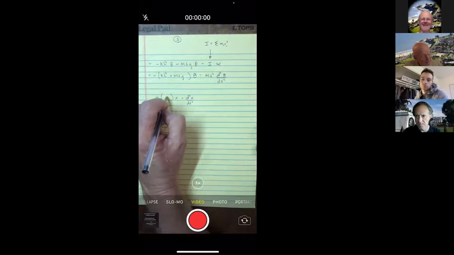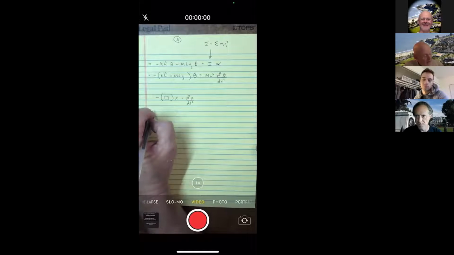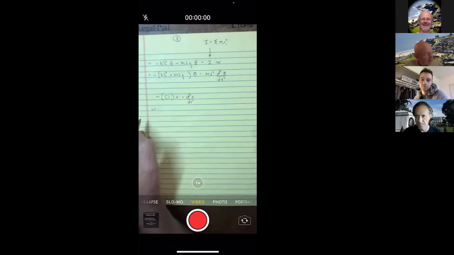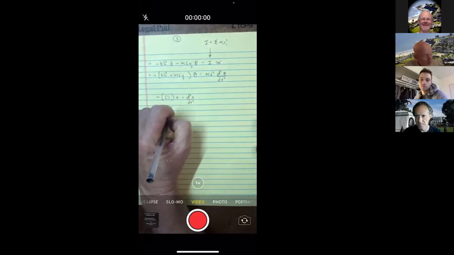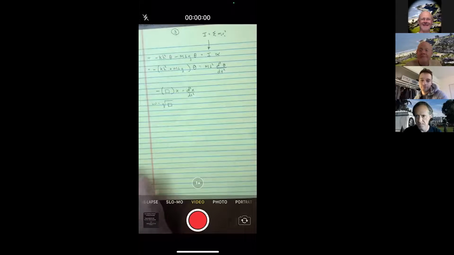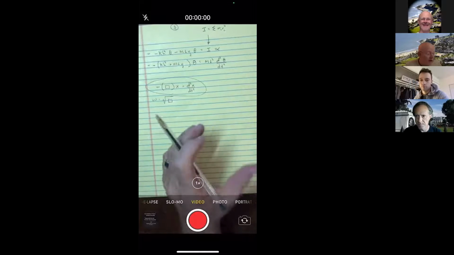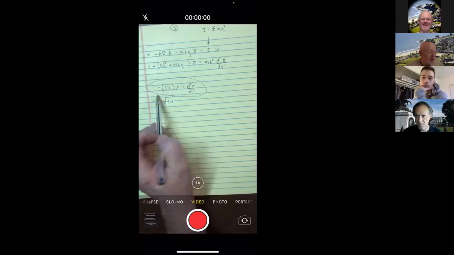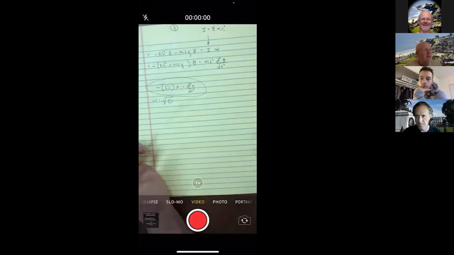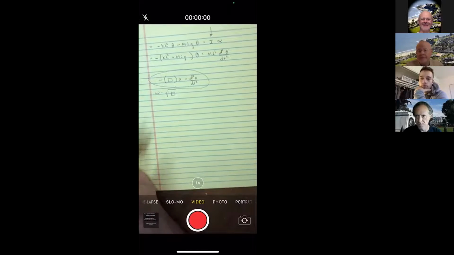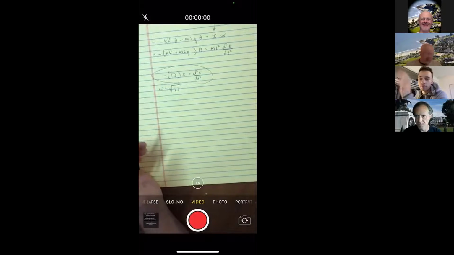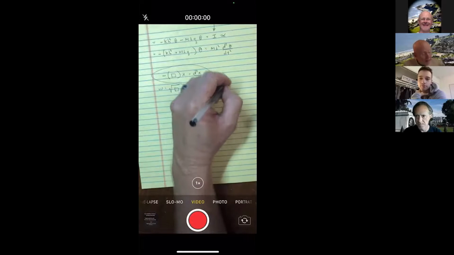Then this out in front, I'll call it box, means omega is the square root of box. All of the work that we do in this class, if it ever comes down to this equation, then it is simple harmonic motion, and then we can get everything they ask.